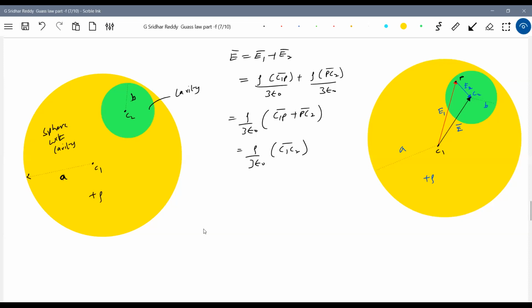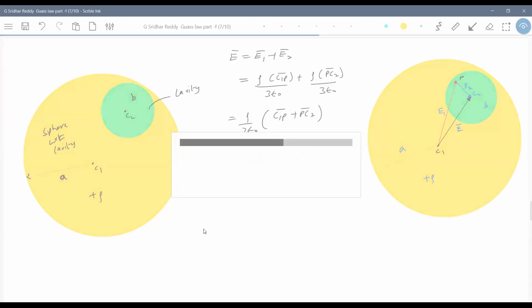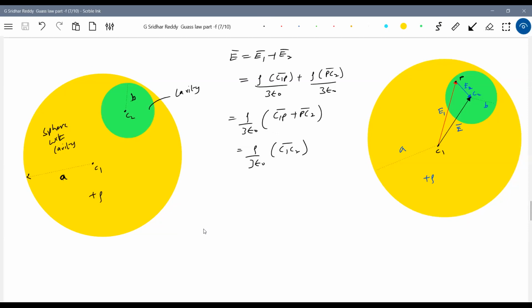Sir, one doubt. E2 has negative charge density, so why are we not writing PC2 with minus rho? My dear, for positive charge, the field should be radially outward. For negative charge, the field should be radially inward. The negative charge I already considered by indicating the direction. Already for E2, the negative charge I have considered.